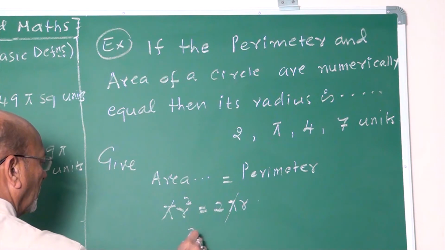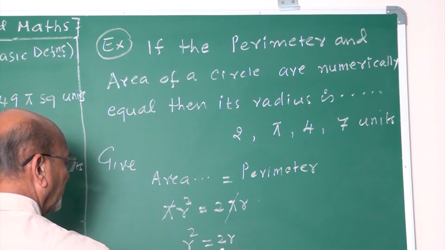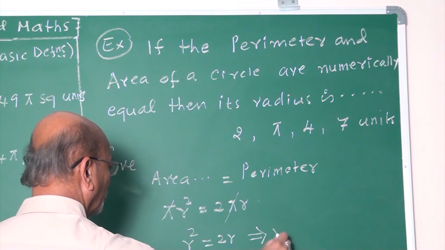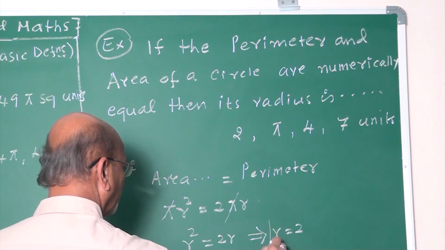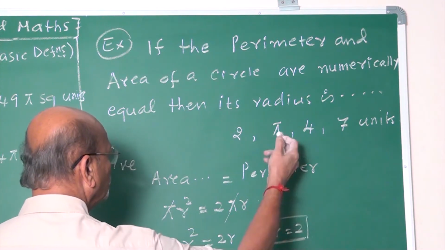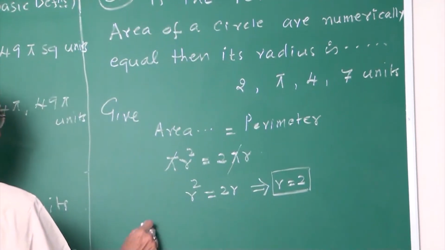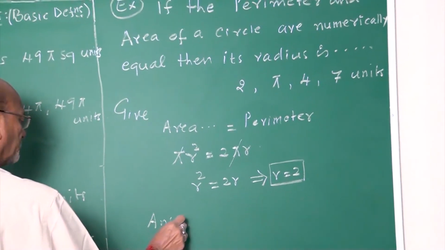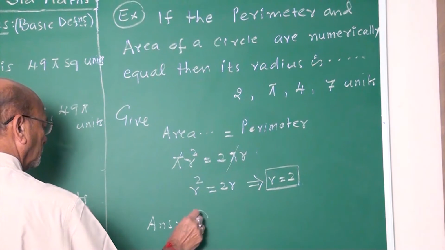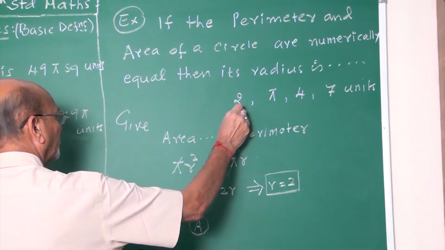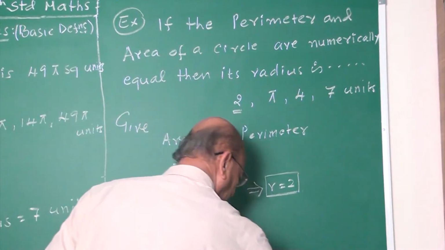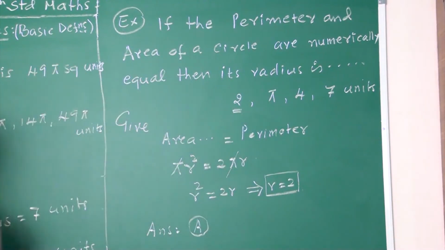What is this? r square equals 2r. Again r cancels. So the radius is 2, my friends. Which option is correct? 2 means the first option. Answer is A. Yes, friends. Next example.